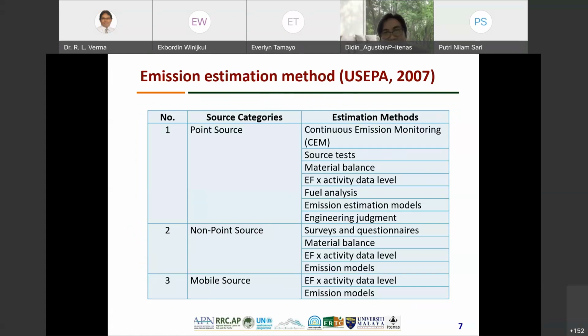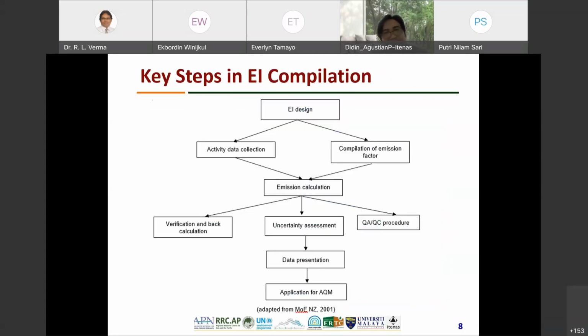For example, for point sources, of course, using continuous emission monitoring data will be the most accurate estimation. Then one may use source tests, material balance, and also the traditional emission inventory methodology by multiplying emission factors and activity data. So these are some possible methods to estimate or calculate the emissions.